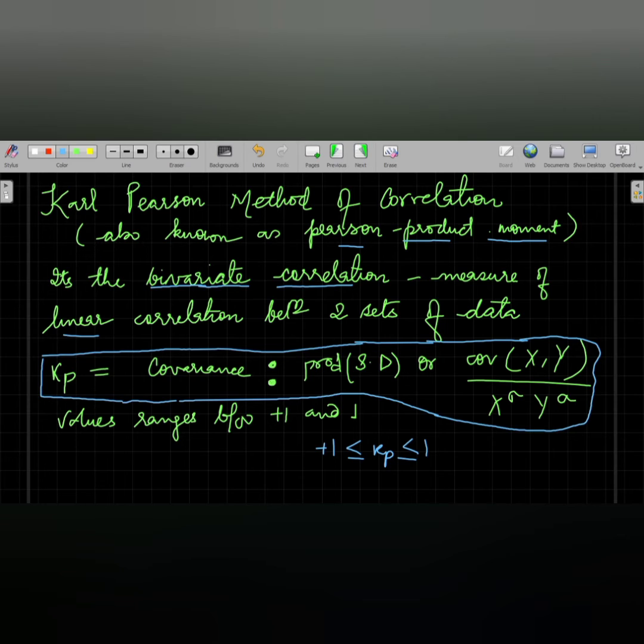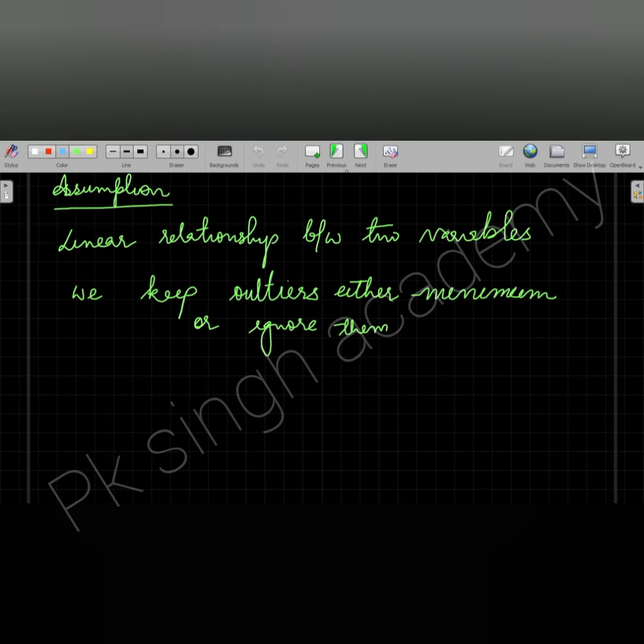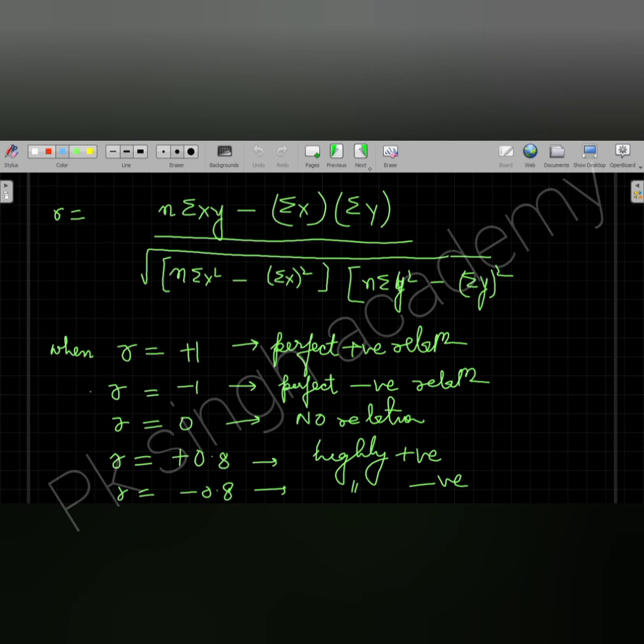Clear? Okay. Now we'll see the assumptions of the Karl Pearson. Very important. The assumption is there must be a linear relationship between the two variables. We should keep outliers to a minimum or ignore them. So these are the two basic assumptions of the Karl Pearson. Clear? Now we'll see the formula.